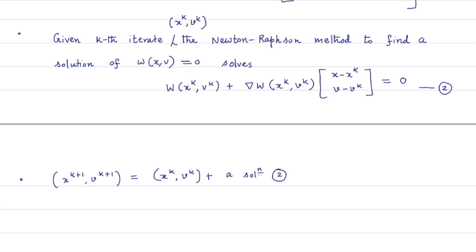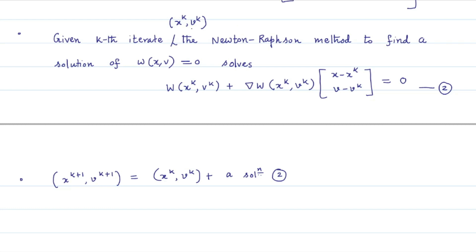Now by this recursive formula we can find out this sequence (xk, vk), and that sequence at the end of the day is expected to give us a solution to this equation W(x, v) is equal to 0.